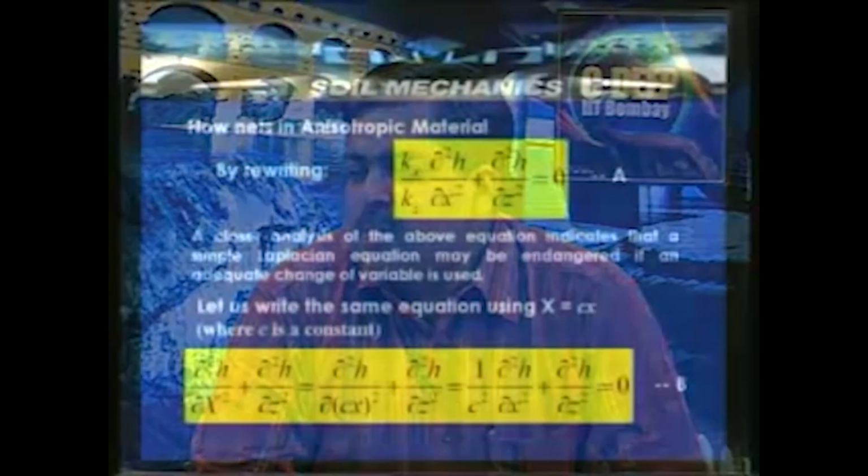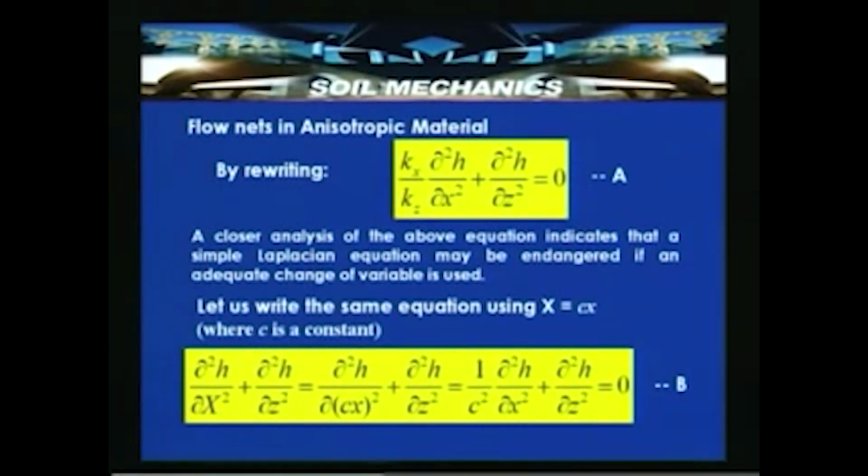Now the same equation, by rearranging the terms, we can write in the form of equation A, which is shown here as Kx by Kz into dou square h by dou x square plus dou square h by dou z square is equal to 0. A closer analysis of the above equation indicates that a simple Laplace equation may be obtained if an adequate change of variables is used.